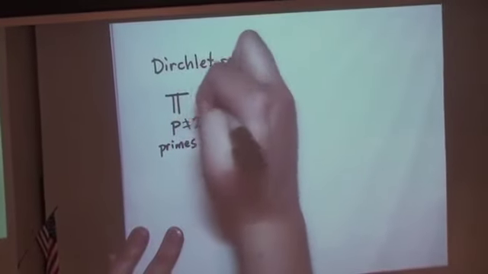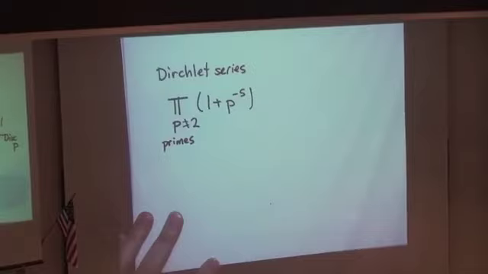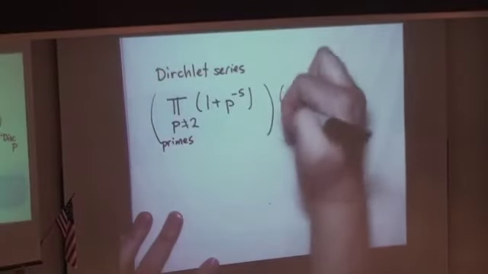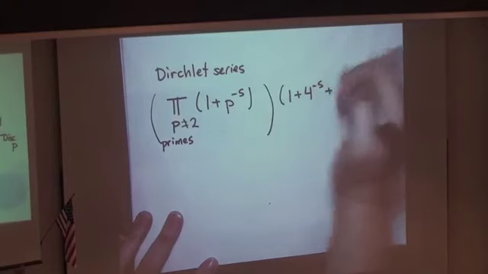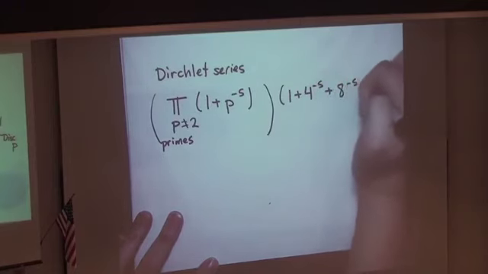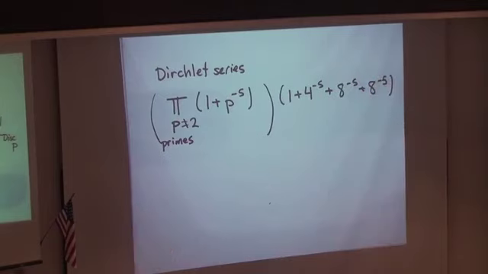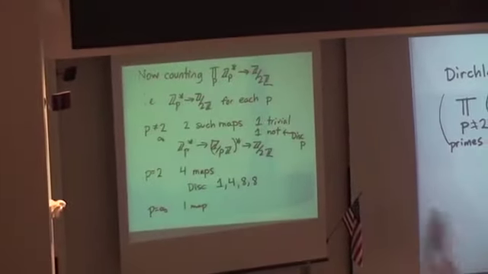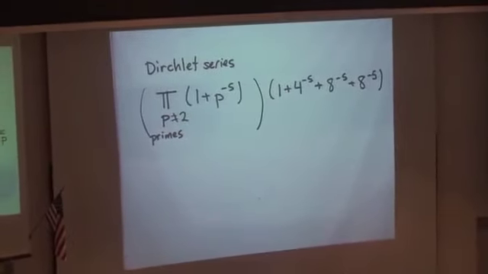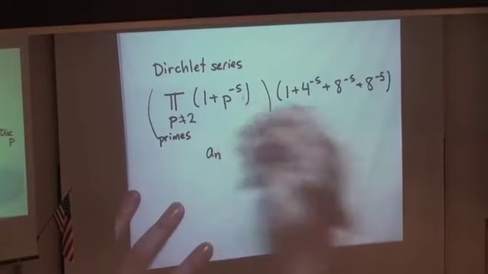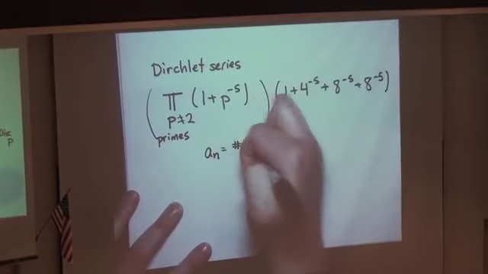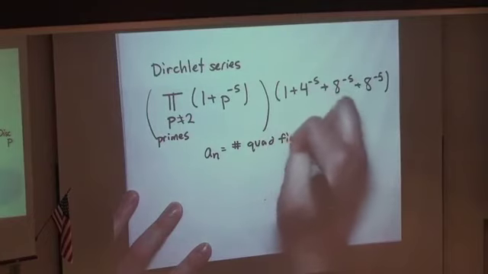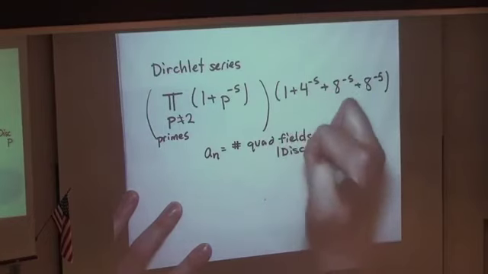If I take the Dirichlet series, for p not 2 I just do this, and then at 2, I've got 1 plus 4 to the minus s plus 8 to the minus s plus 8 to the minus s. If I multiply these out, I'm counting all possible maps here, so those correspond to all quadratic extensions by discriminant. So this is the Dirichlet series where a_n equals the number of quadratic fields with absolute discriminant n.